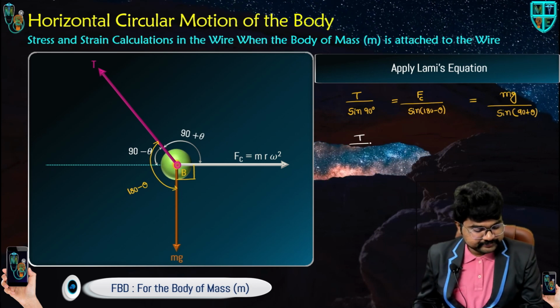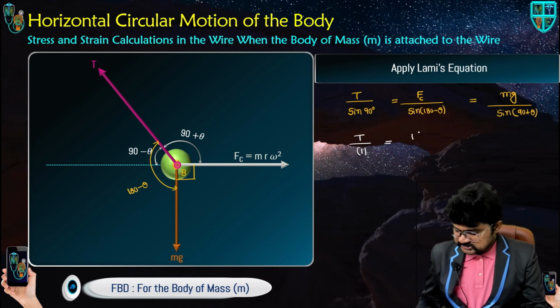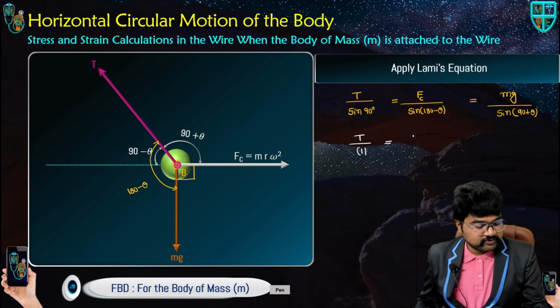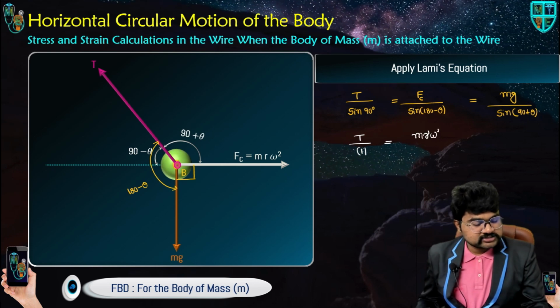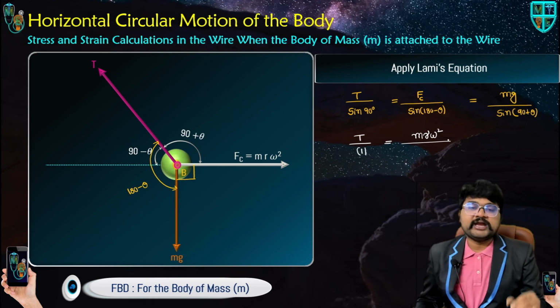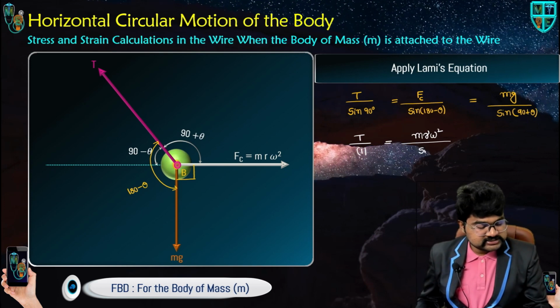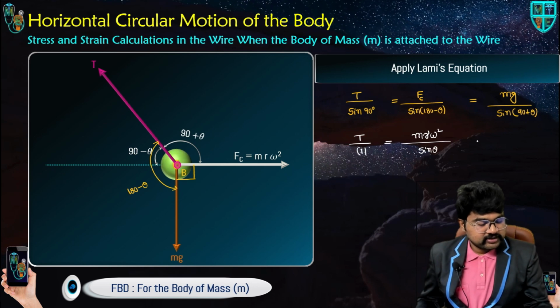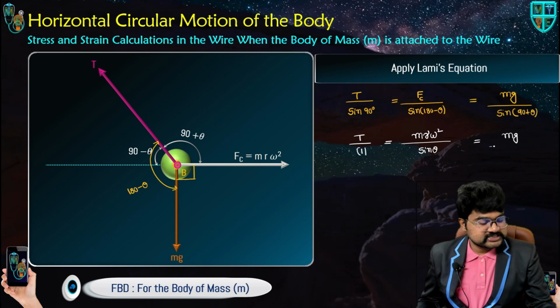T by 1, sine 90 equal to 1, FC is nothing but centrifugal force m r omega square. Here you will be getting sine theta equals mg by sine 90 plus theta.